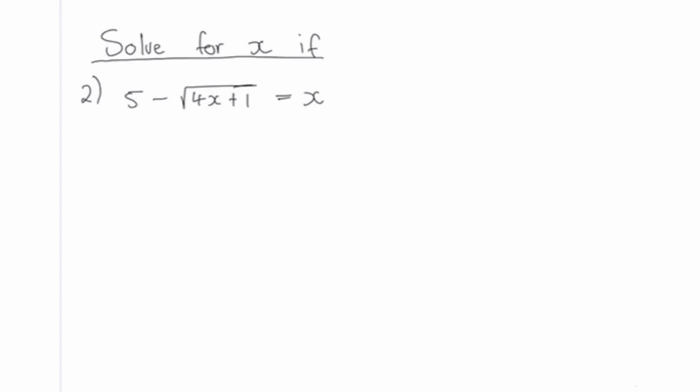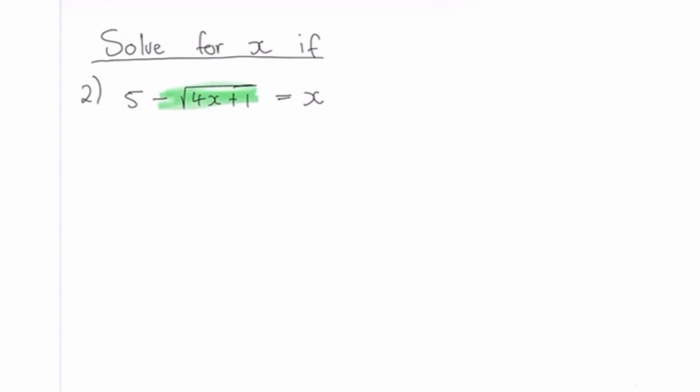Number 2 says 5 minus the square root of 4x plus 1, that will give you x. Okay, let's find the values of x that will make this statement here true. What you do first is to isolate again our guy here.